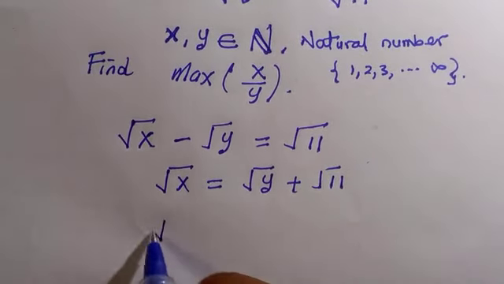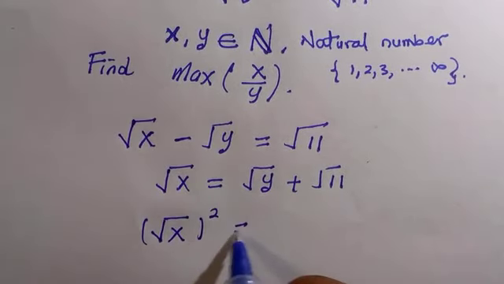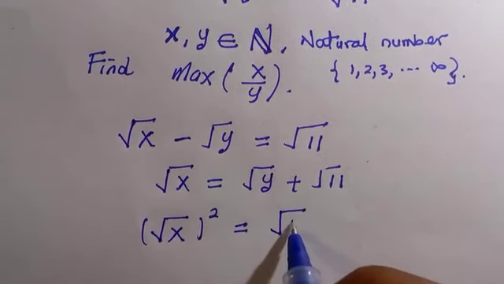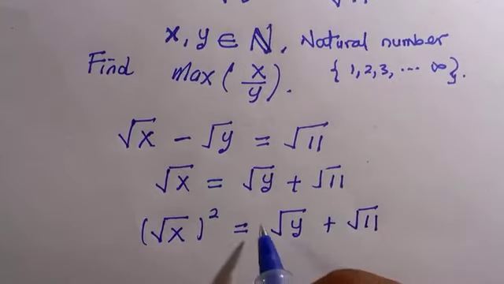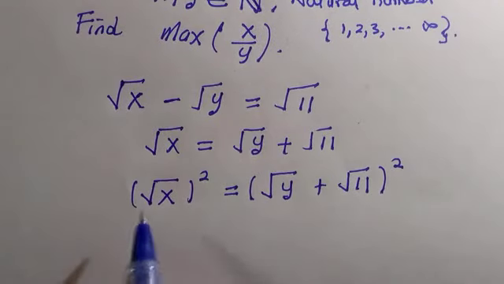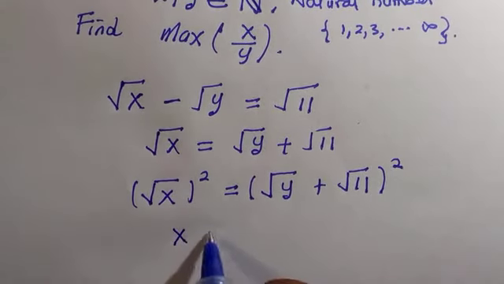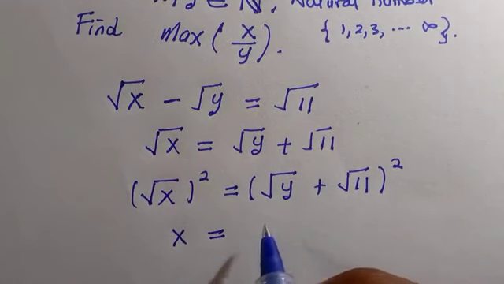Then we take the square of both sides. So x equals root y plus root 11 all raised to the power of 2. The square cancels the square root here, so we are left with x equals this expansion.